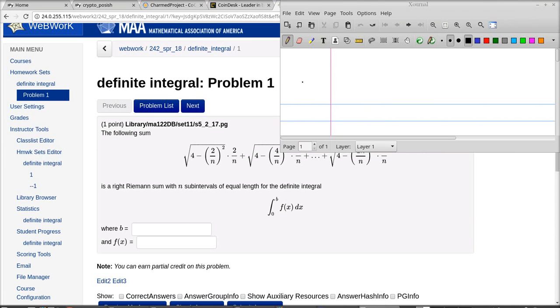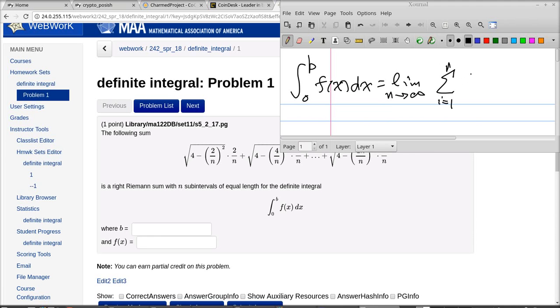So we have this Riemann sum here, the integral from 0 to b of f of x dx, and this is equal to the limit as n goes to infinity of the sum as i goes from, it says that it's a Riemann sum that is a right-hand sum for me, so that means it goes from 1 to n.